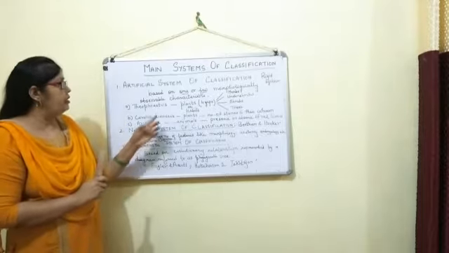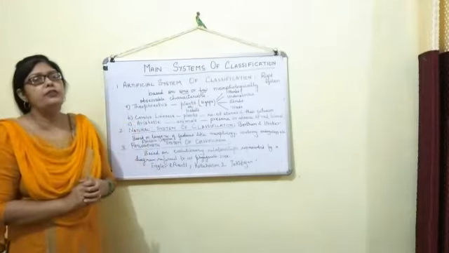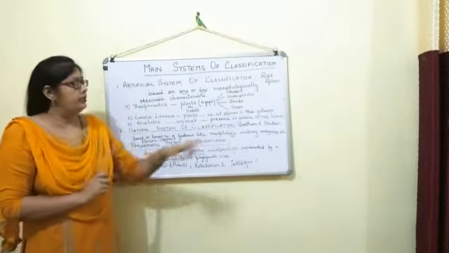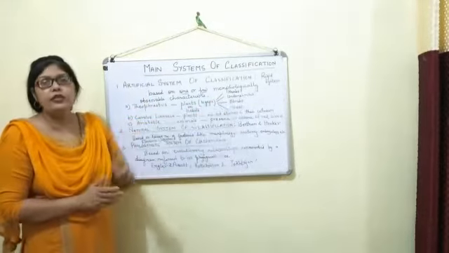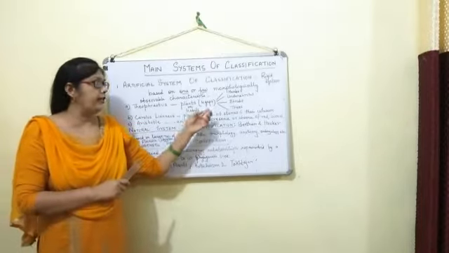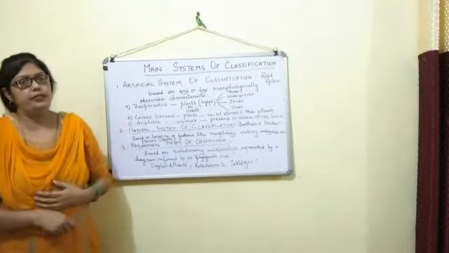For example, Theophrastus classified plants on the basis of their habit into four groups. That is, the herbs, the undershrubs, the shrubs, and the trees. So, here you can see that he classified them into four groups based on only one character, that is their habit.